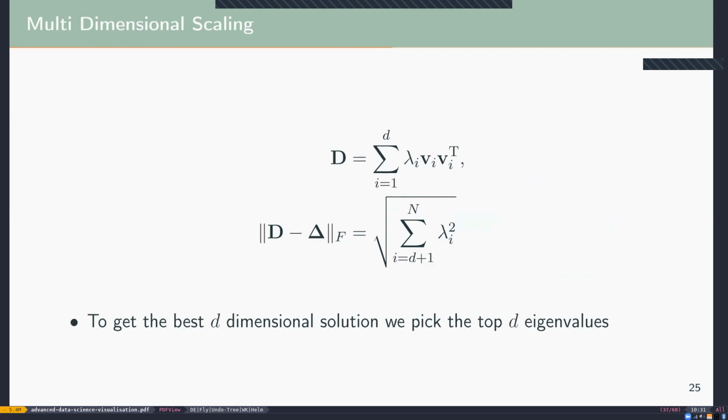Great. So if I now do this, and I want to find a lower dimensional representation of this, which element should I cancel? Well, I should cancel the really large element, right? Because those are the things that are going to appear in the sum.